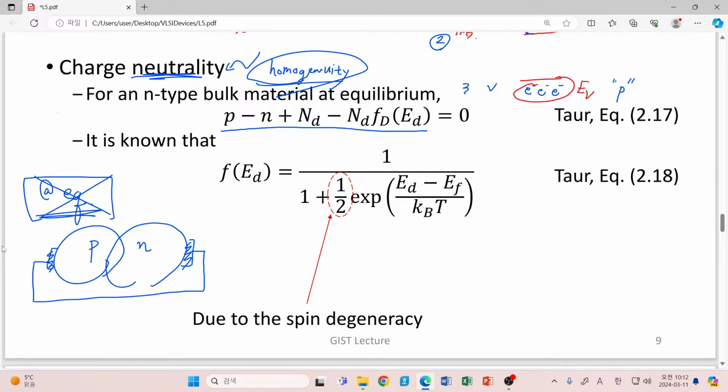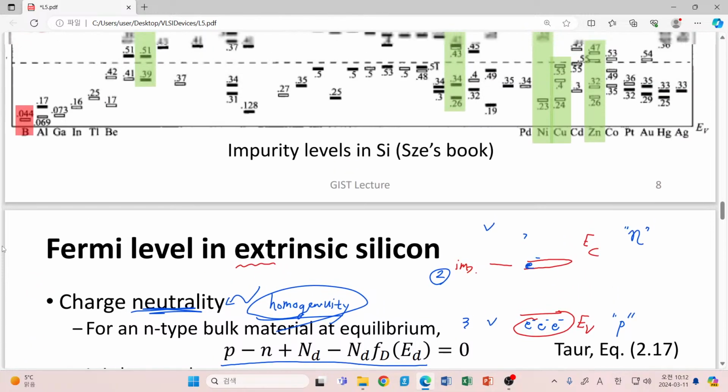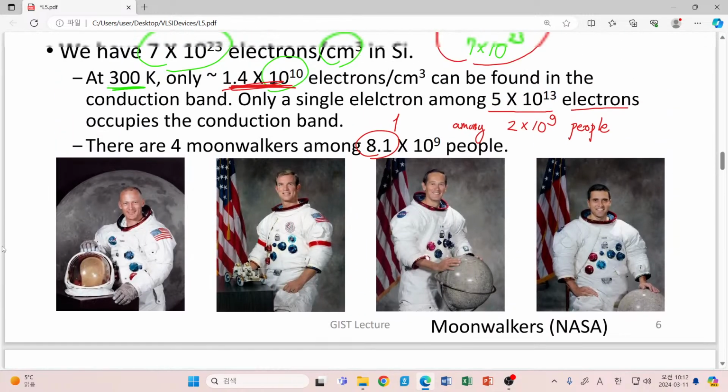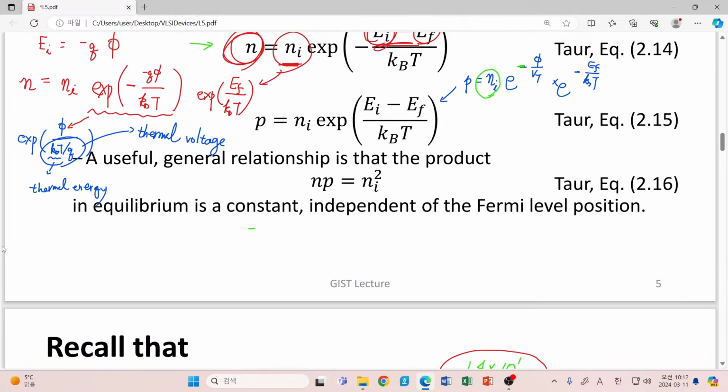Therefore, when you consider charge neutrality, please be careful. Charge neutrality is not a property of the equilibrium case. For example, a typical equilibrium property is like this. Here we have a certain relation that is used quite a lot.